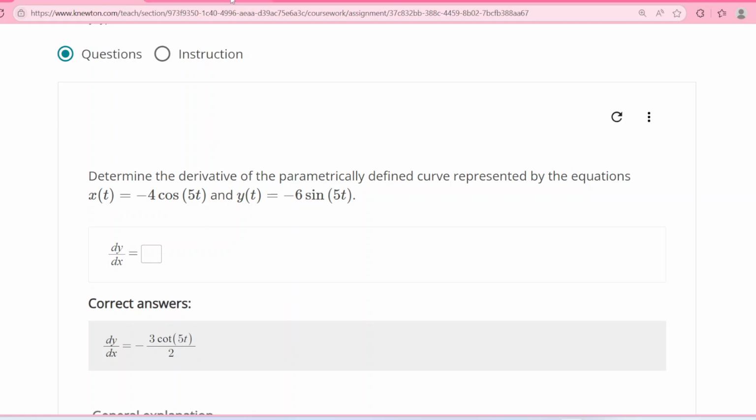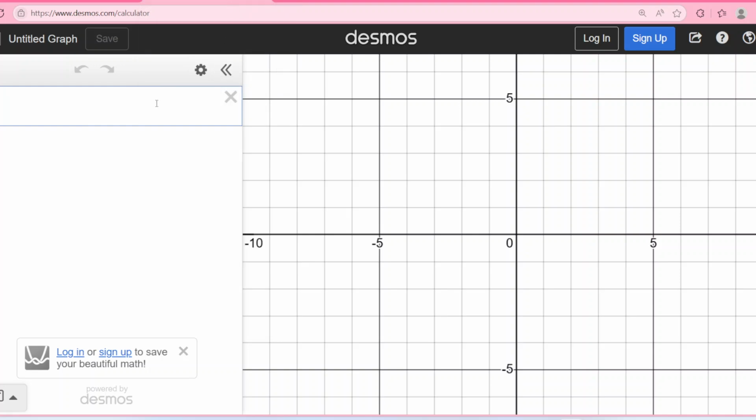Okay, and again, I just wanted to show you the ellipse. Here at Desmos.com, free online graphing calculator, I'm going to enter these parametric equations. When you enter parametric equations, you have to enter them as an ordered pair. So left parenthesis, the x coordinate in terms of t was -4 times the cosine of 5t.